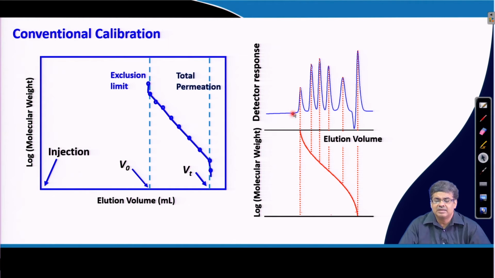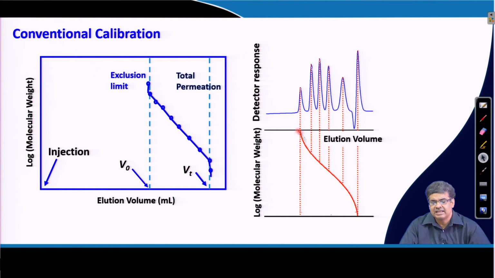So, in practice one will inject different samples with very narrow polydispersity index or dispersity, those are called polymer standards, and measure the elution volume for each of these samples and then plot log molecular weight versus elution volume.